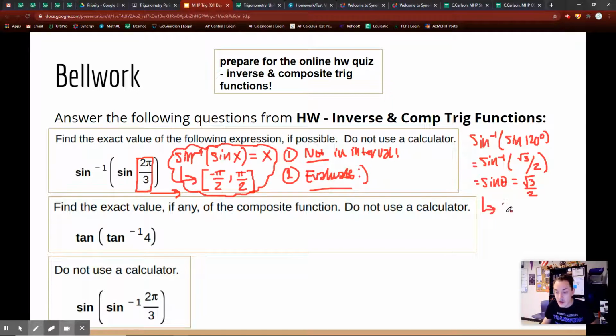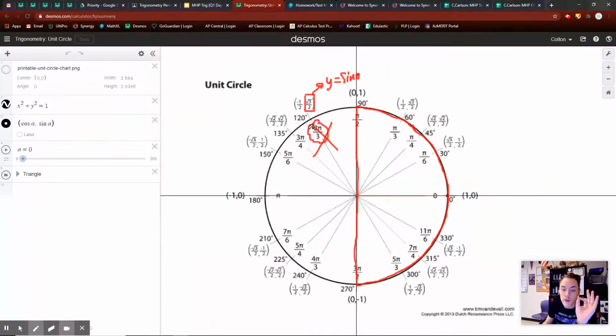Here's the thing though, what's theta? You may say, well, theta is obviously 120. No, theta is not 120, because 120 is not within my highlighted right half of the unit circle.